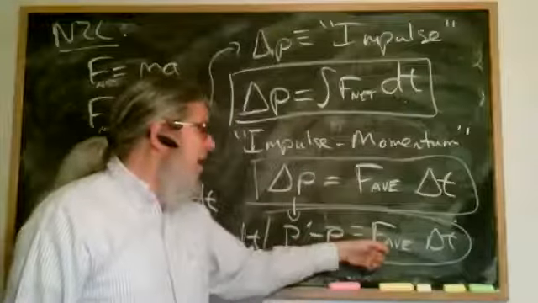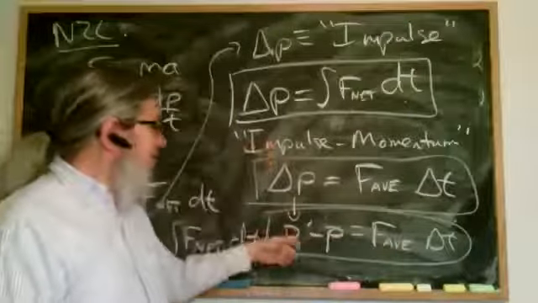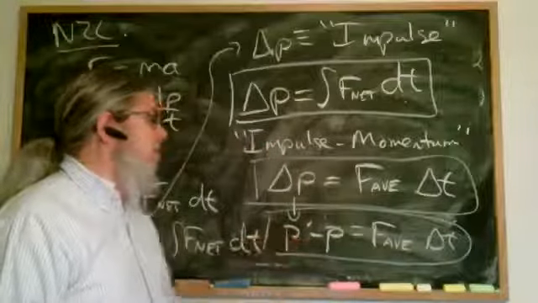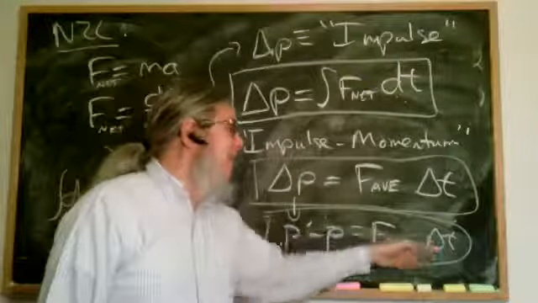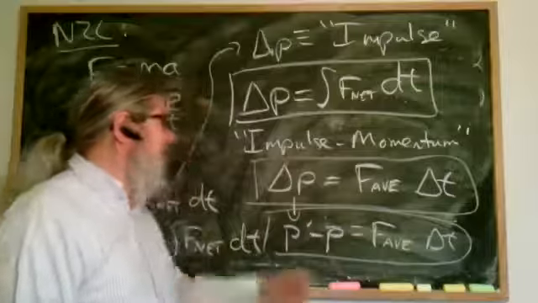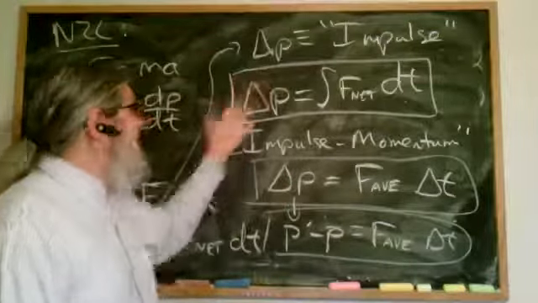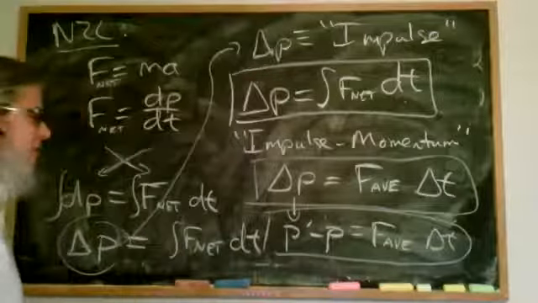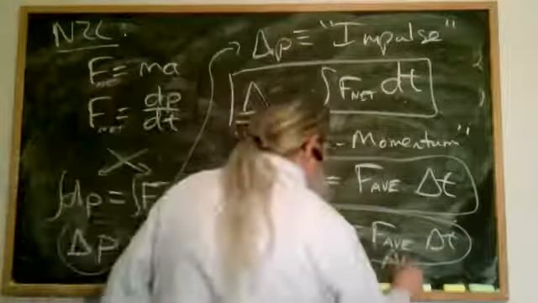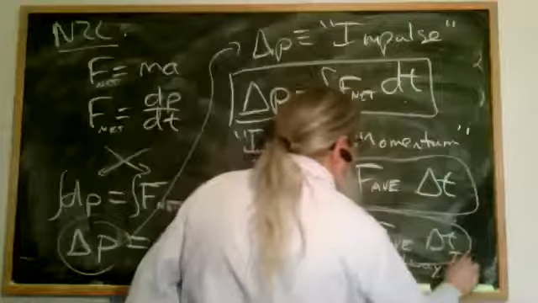If you know the initial and final momentum, you can calculate the average force even if the forces are not conservative, even if the system is not isolated. This is always true. It's never not true.